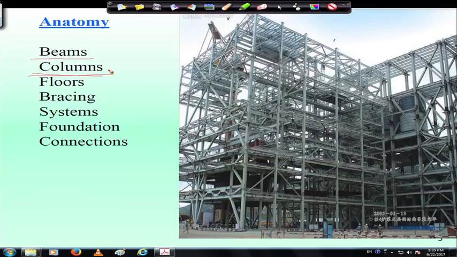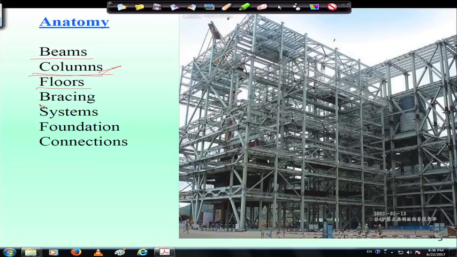A column basically takes compressive load, and along with that it also takes care of certain eccentric load, so sometimes moment also comes into the picture, and the column has to be designed accordingly. So, we will go through the column. The floor basically carries the load, and that load is transferred to the beam and column.